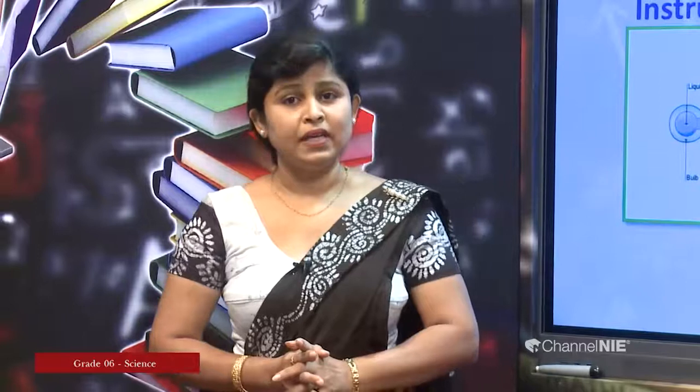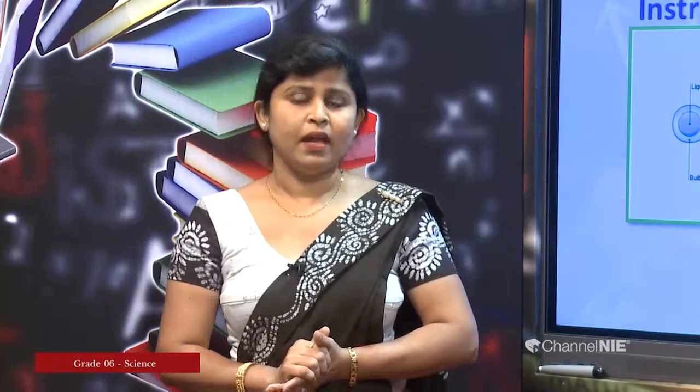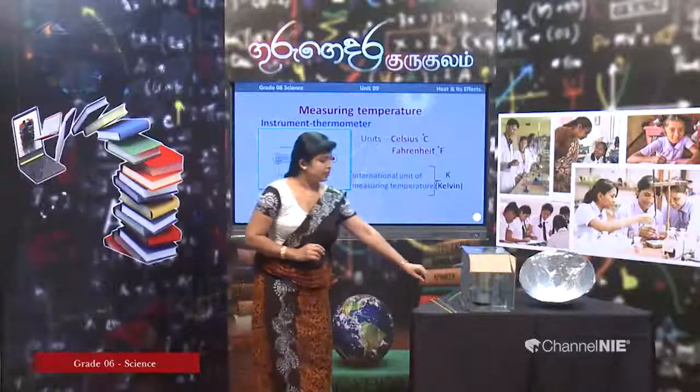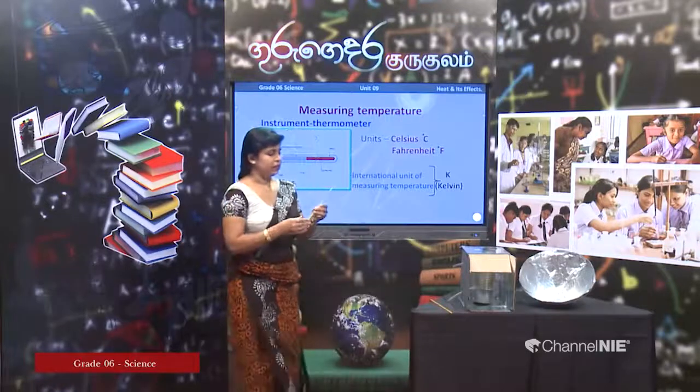They are the mercury thermometer and the alcohol thermometer. The difference between these two thermometers is that the alcohol thermometer contains alcohol and the mercury thermometer contains mercury. That is the difference. Firstly, let us observe the mercury thermometer.